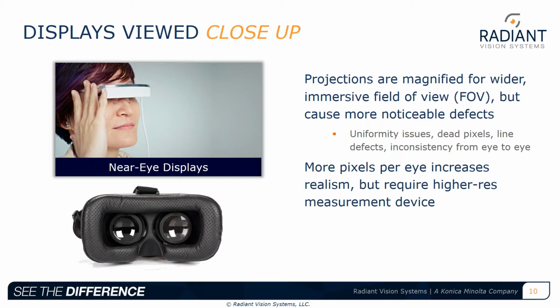There can be screen door effect from pixelation of the displays, and any kind of dead pixel or non-uniformity of the pixels could be pretty detrimental to a user. These devices are fairly expensive and new, so if somebody received one with a bunch of dead pixels, it's likely that would drive a return.